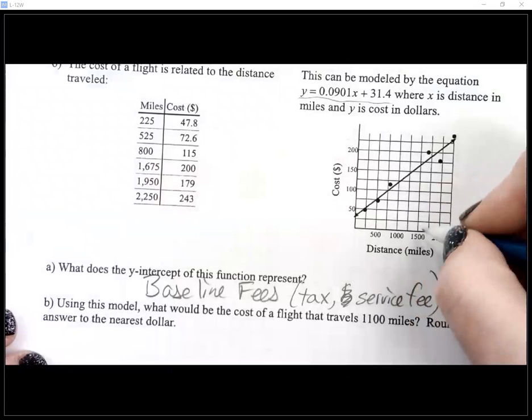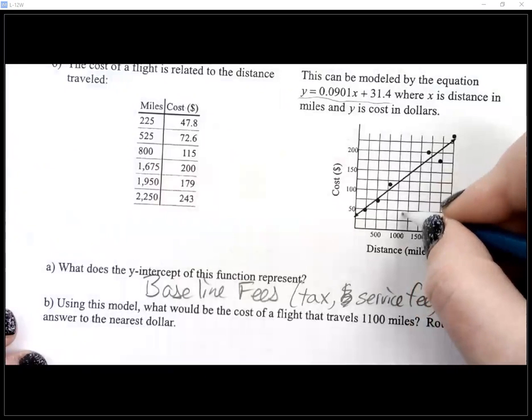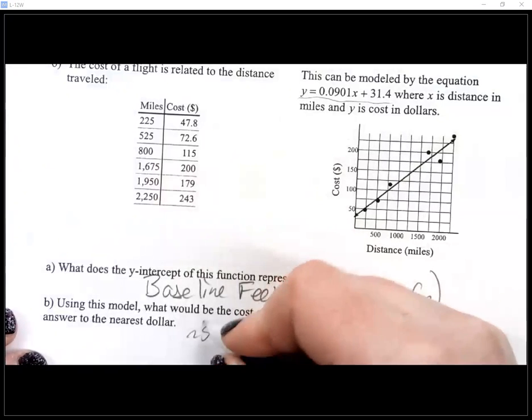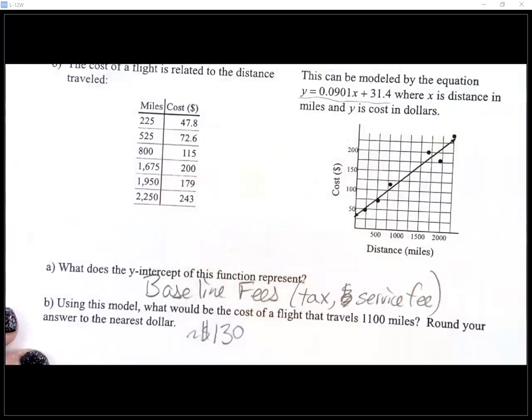Because really, I'm not totally sure where 1,100 is. So I'm going to guess it's right around maybe 130. But I want to plug into the formula and get a more accurate answer.